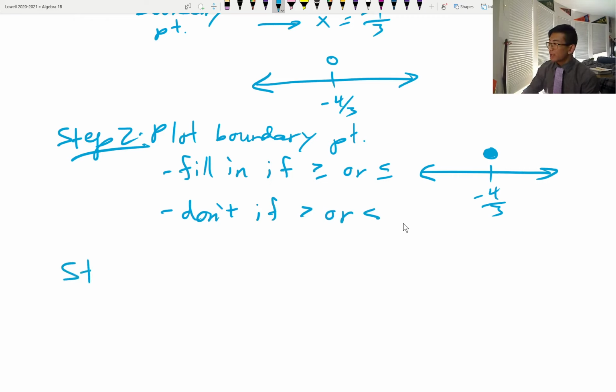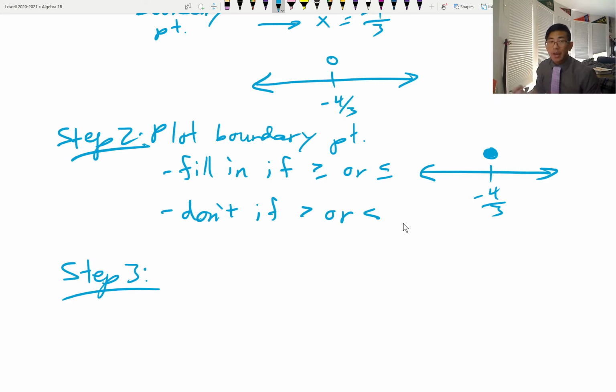Okay, step 3. Now we have to figure out which way the arrow goes. To find out which side that is, you just have to plug in something on one side or the other. Now, the inequality is not going to be both of them, and it won't be neither of them. Because it's an inequality, we know that there should be a lot of answers. And so it's either going to be pointing to the left and going forever, or pointing to the right and going forever.